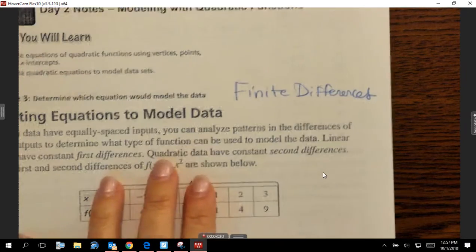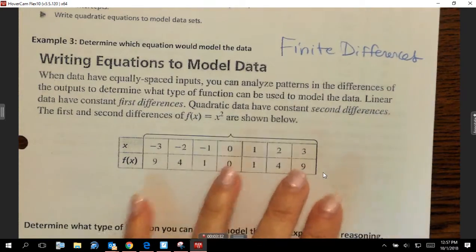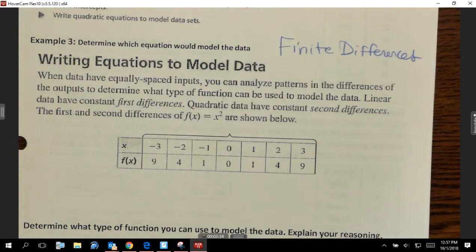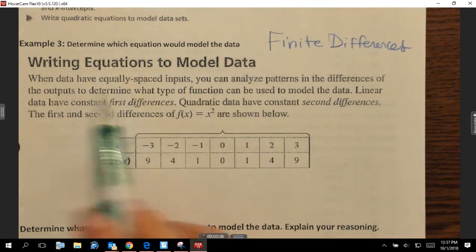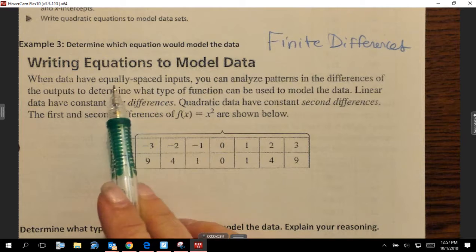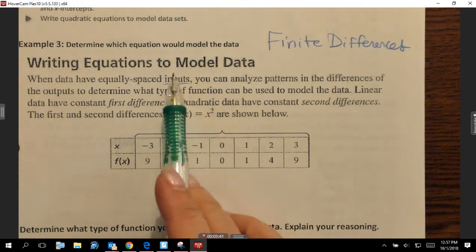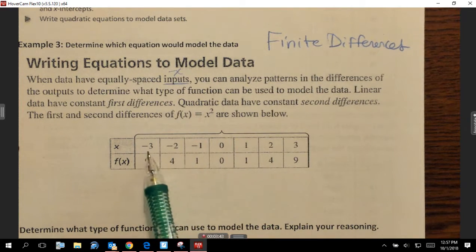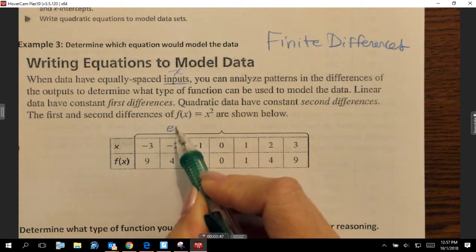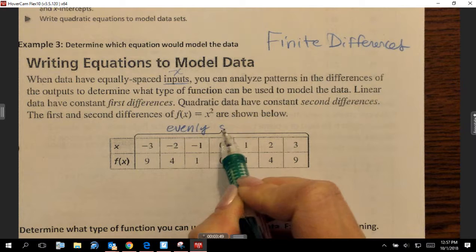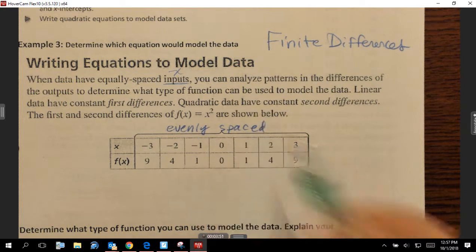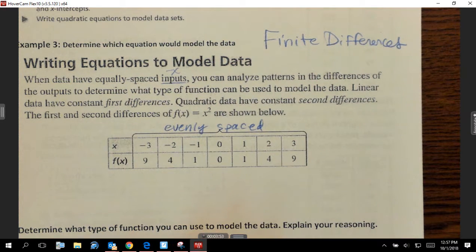And in this paragraph where it talks about finite differences, it says that, first of all, data has to have equally spaced inputs, which is the x values. So the first thing I do is I look at my x's, and they are all evenly spaced. So I can continue to do what I'm about to do.